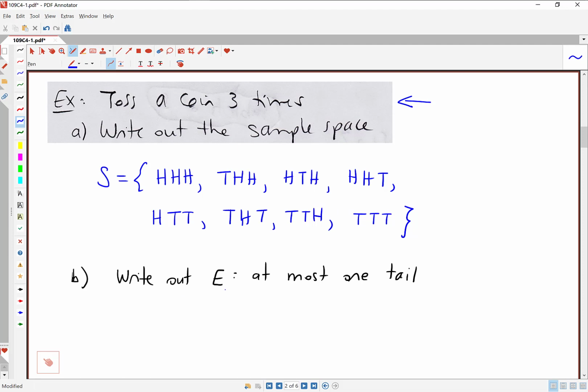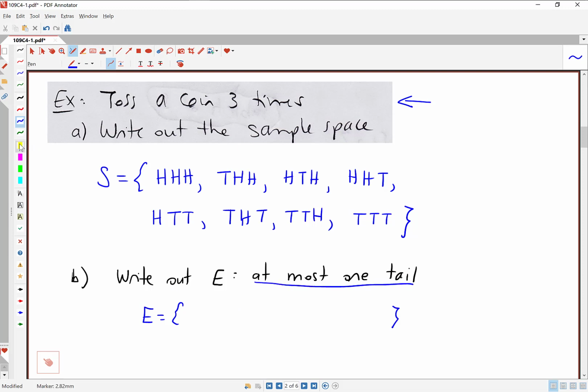So now we're going to write out a particular event called E, and we've got a description of what E is. It is at most 1 tail. So again, E is going to be a set, and what we're doing here is we're just picking out the outcomes from S that satisfy this property. So the ones with at most 1 tail.